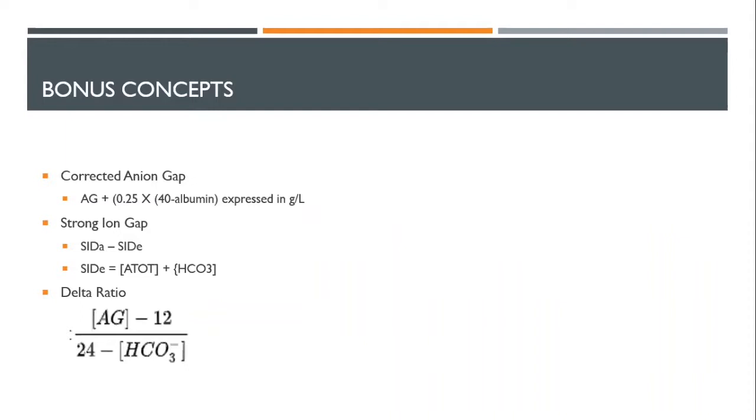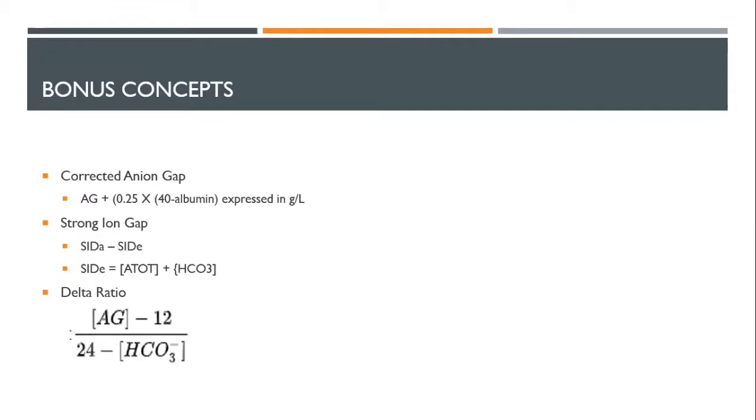You also get a thing called a strong ion gap, which is the difference between your apparent strong ion difference and your effective strong ion difference. Your apparent strong ion difference is the normal strong ion difference that we spoke about in the beginning, whereas your effective strong ion difference takes into consideration your weak non-volatile acids as well as bicarbonate.